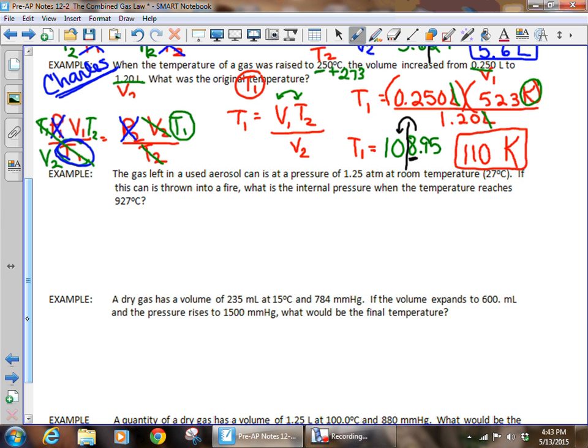Looks like it's asking us for the final pressure, so we're looking for P2. So evidently the 1.25 atmospheres is P1. The 27 degrees Celsius is T1. Now remember, that's going to be plus 273 at the end, and the 927 is going to be plus 273 as well, and that's going to be our T2.